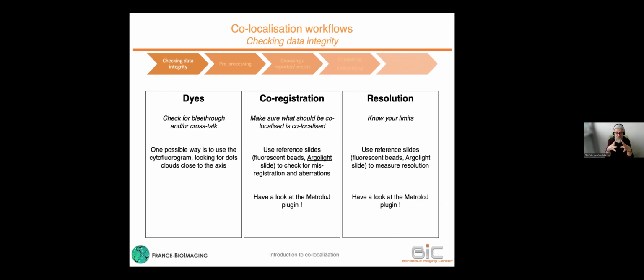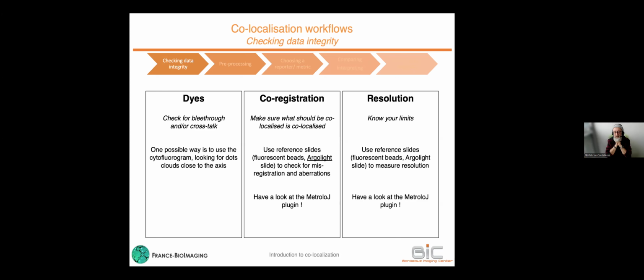So you must be careful about bleed-through and also about cross excitation that might occur depending on the system you're working on. So really make sure that you've got pure signal in each of the channel.